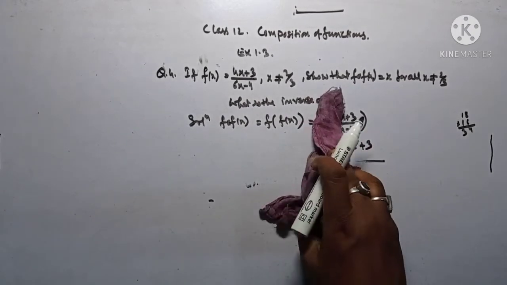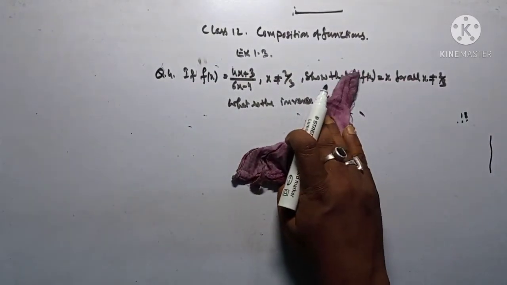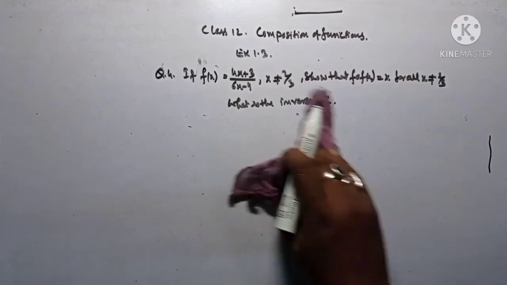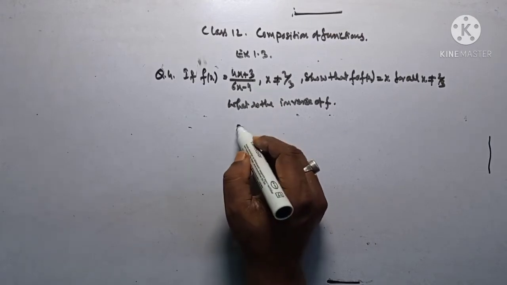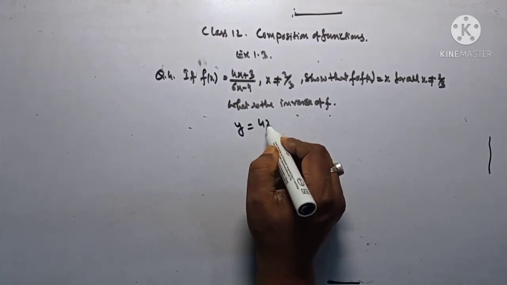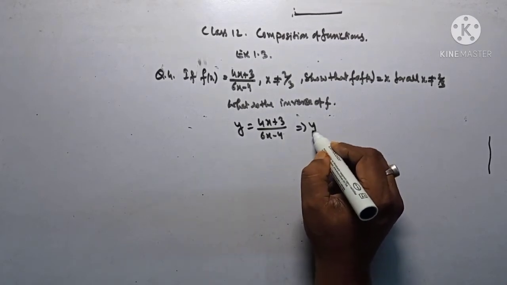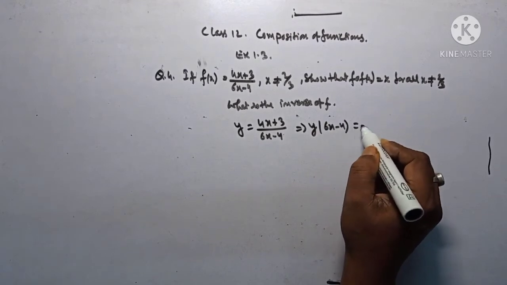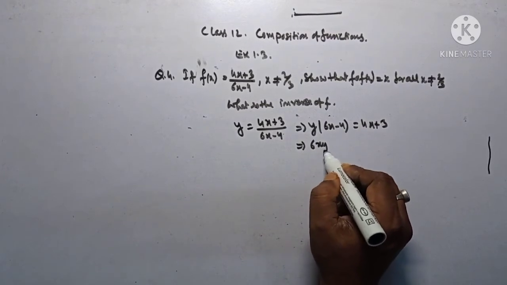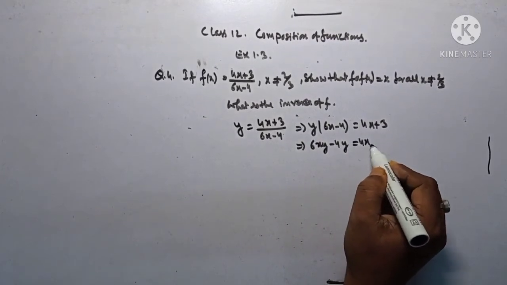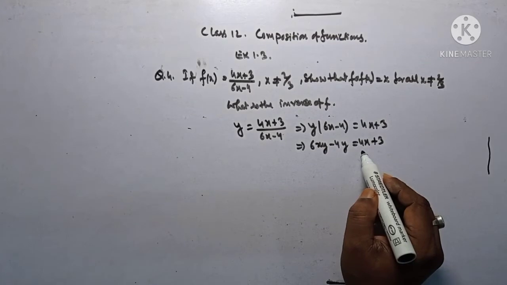Now I have to find the inverse of f. To find the inverse of f, f(x) means y is equal to (4x plus 3) by (6x minus 4). So this will be y(6x minus 4) is equal to 4x plus 3. So this will be 6xy minus 4y equals 4x plus 3.